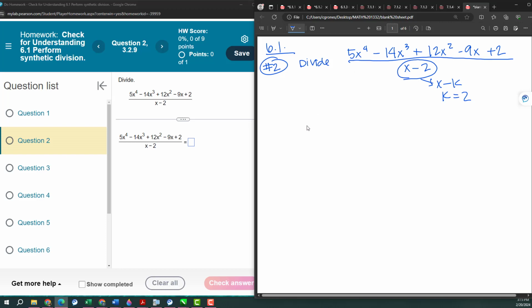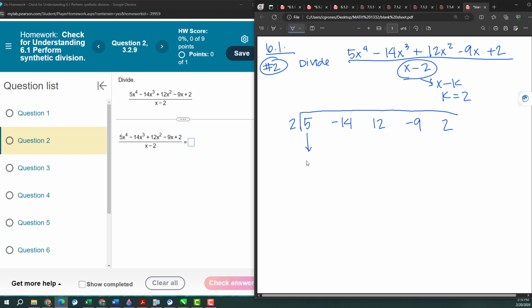I'm going to bring all of our numbers down. I have 5. We're starting with our highest coefficient, 5. Moving on to the next one, negative 14. Positive 12, negative 9, and positive 2. So my k equals 2.